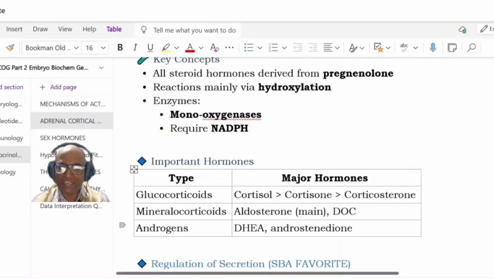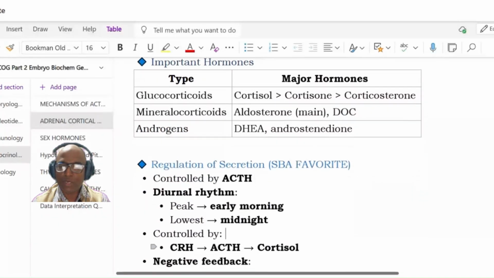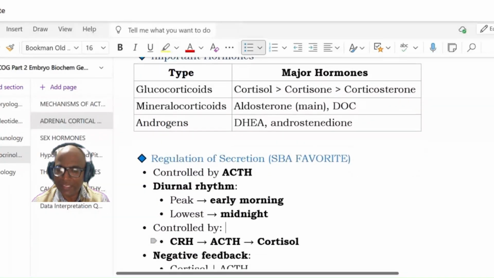So these are the adrenal androgens. Once we talk about adrenal androgens, think of DHEA and androstenedione, because a source of androgen is also the ovary or the gonads. Those hormones will mainly be testosterone. No doubt these will also be converted into testosterone, but the predominant hormones are DHEA and androstenedione.